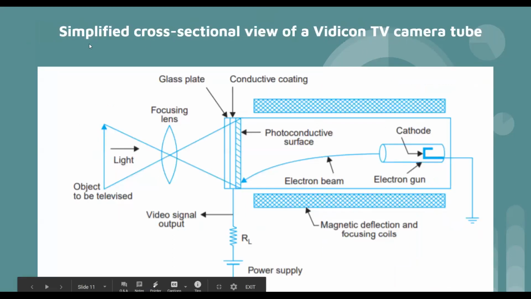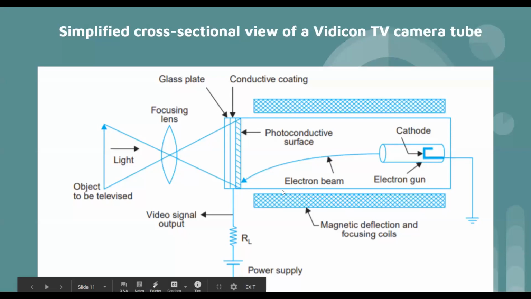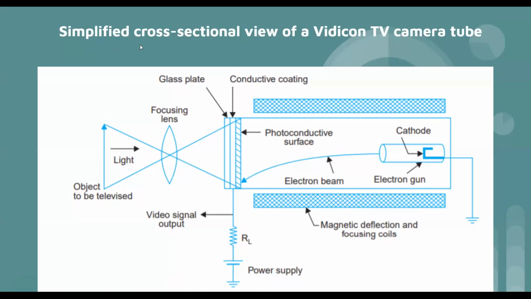So you have a simplified cross-sectional view of the Vidicon TV camera tube, where some glass material is indicated here. You are watching the Vidicon TV camera tube on screen.